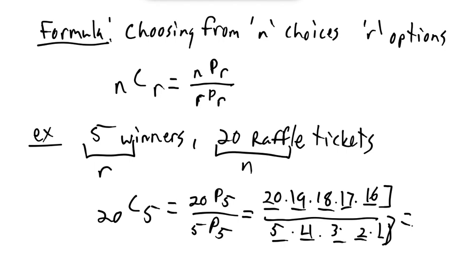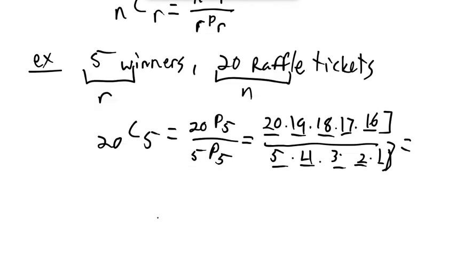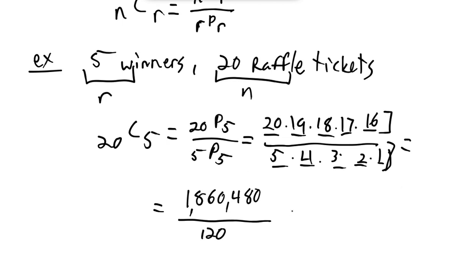So 20 times 19 times 18 times 17 times 16 is going to be 1,860,480. So this is going to be equal to 1,860,480 divided by 5 times 4 times 3 times 2 times 1, or 120.